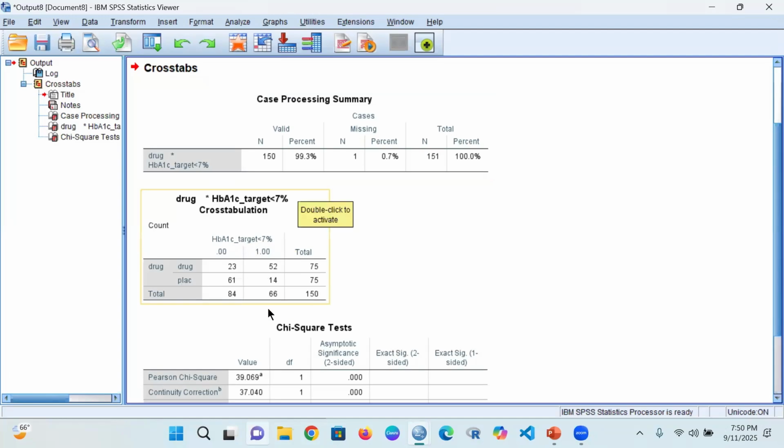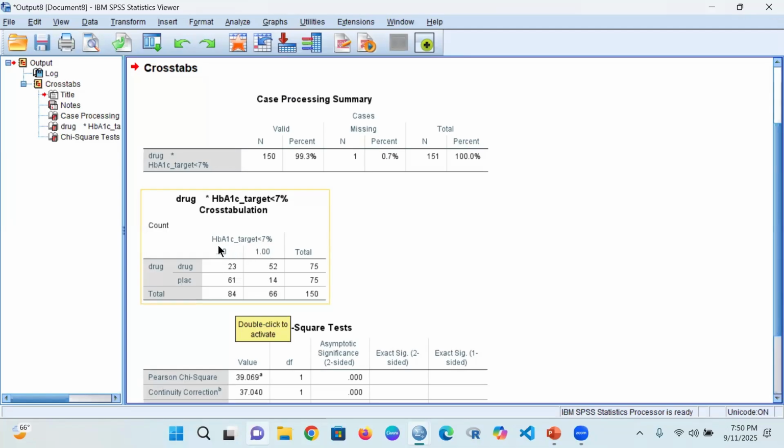From this table, the drug by HbA1c target less than 7% crosstabulation tells us that in the drug group, 52 out of 75 patients reached the HbA1c target. This one represents the placebo, this one the drug: 0 represents the placebo, 1 represents the drug.